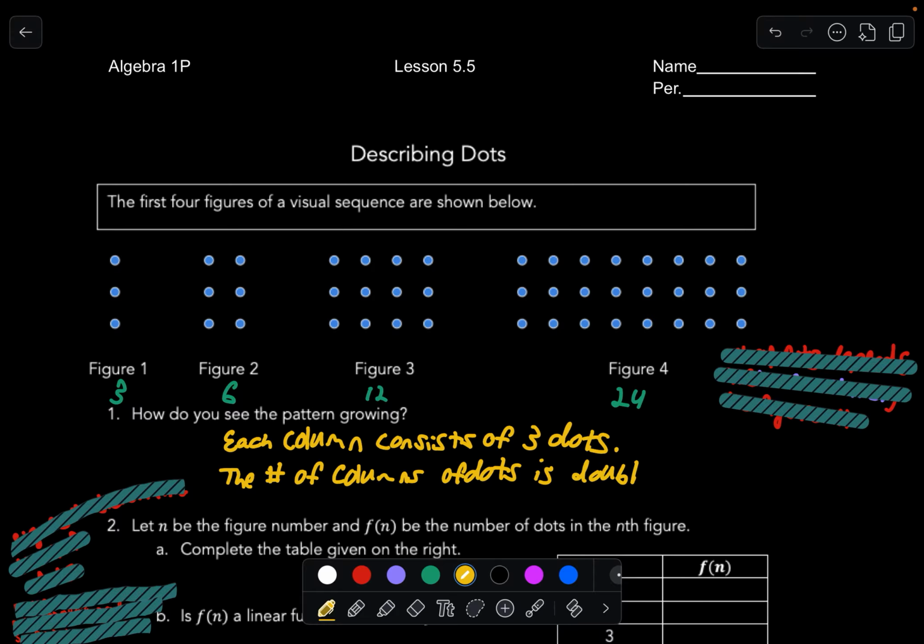What does it mean to double? It means you're multiplying by 2 each time. Okay? So, the total number of dots doubles also.